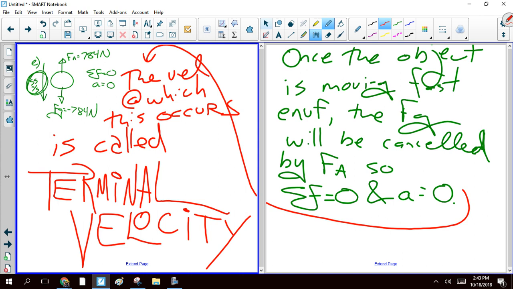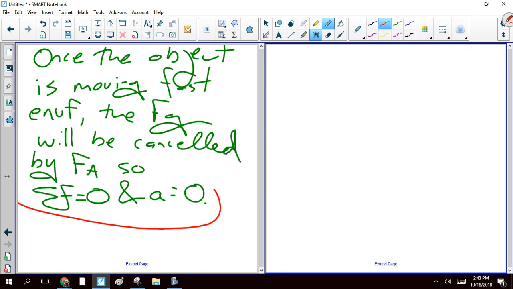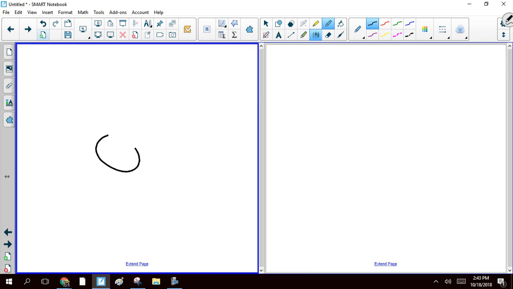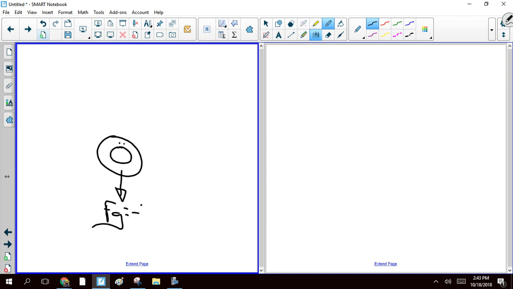Here's Roy. All right, so gravity's pulling him down. Oh, wait, no, I'm sorry, I did this wrong. Here's Roy. Gravity is pulling him down with a force of negative 784 newtons. And he realizes that the ground is quickly approaching him, so poof, he pulls the parachute.